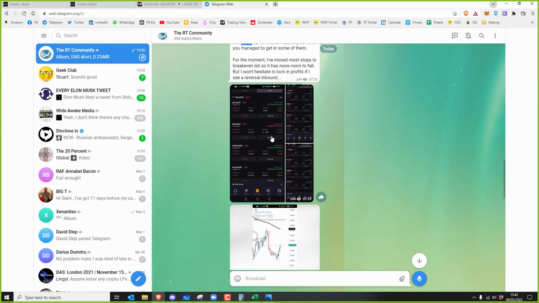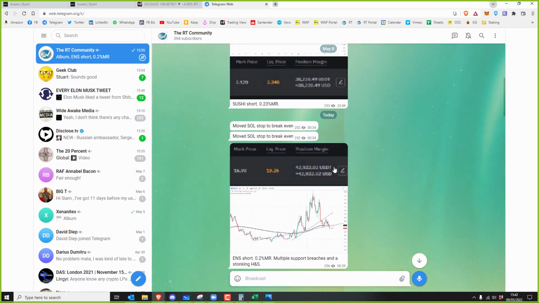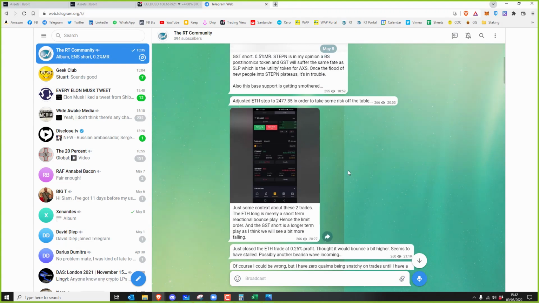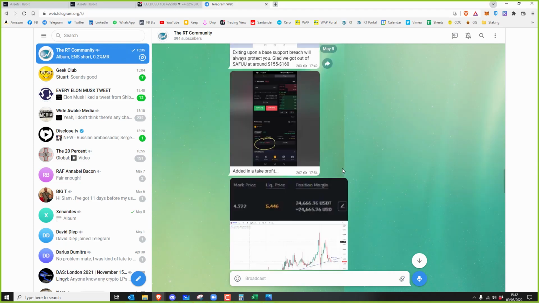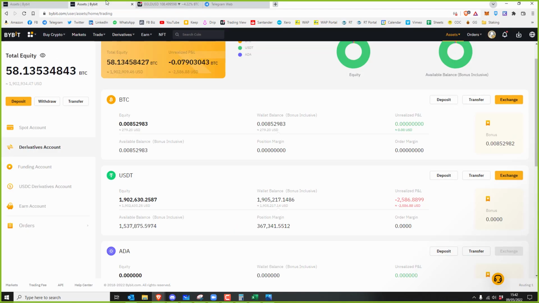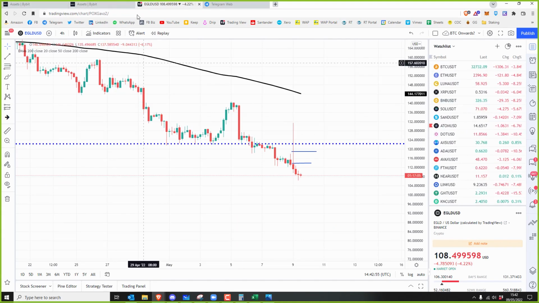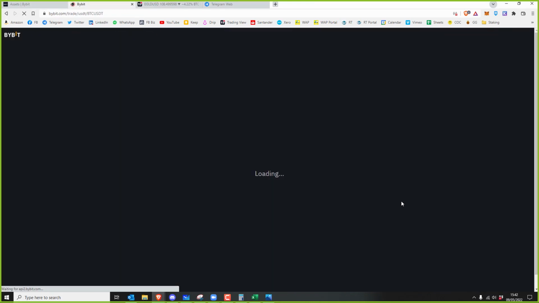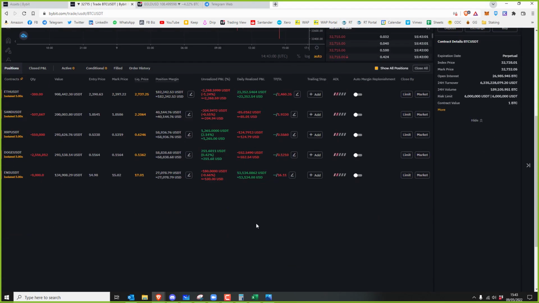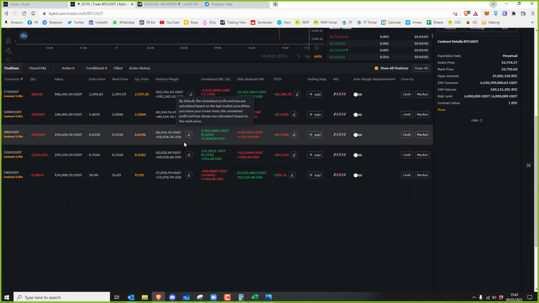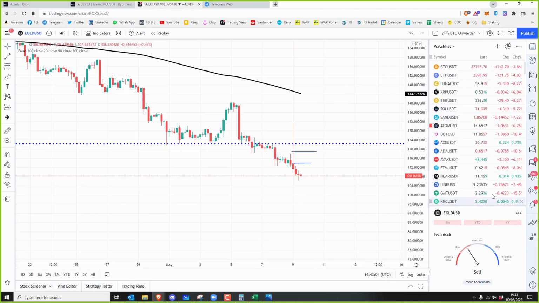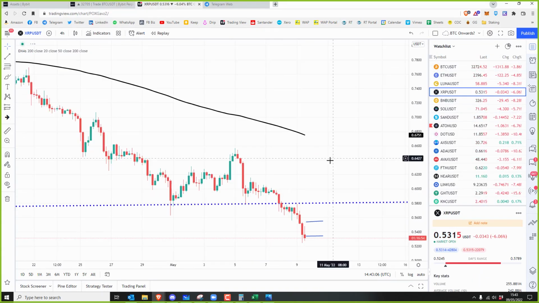So on that occasion I left them, but most of the time, if you go back in the history, what I tend to do is move the stops pretty tight. Let's try and find a trade that we're in right now. Unfortunately, we went from 15 grand up to minus 2 grand. But let's look at Ripple. Ripple looks like it's slightly in profit.